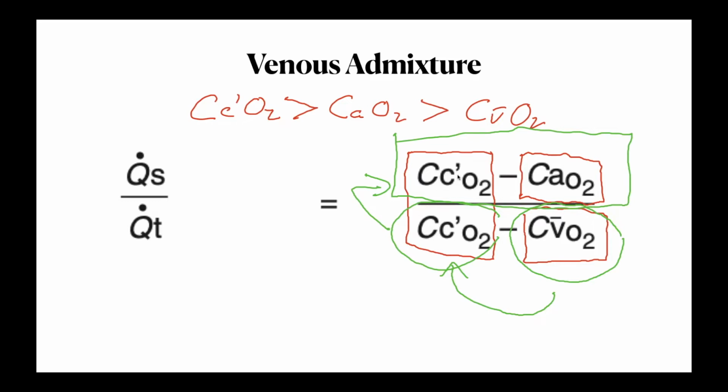I'll just say that again. It is the amount of mixed venous blood that needs to be added to end capillary blood to see the observed difference between arterial and end capillary PO2.